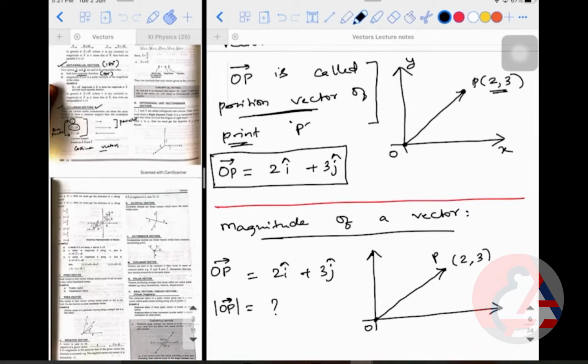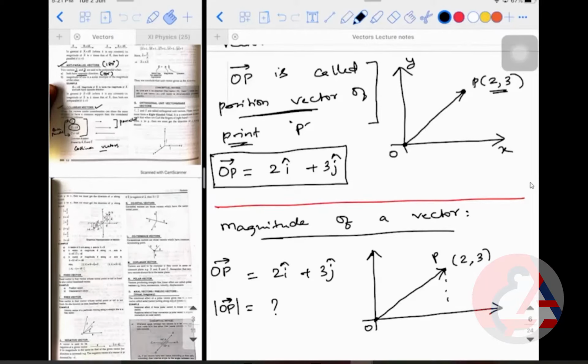Anybody? Root 13. How did you get that? We draw a straight line from point P to the x-axis.